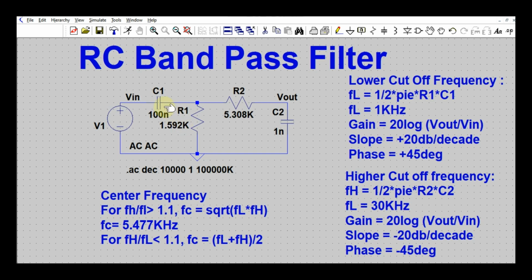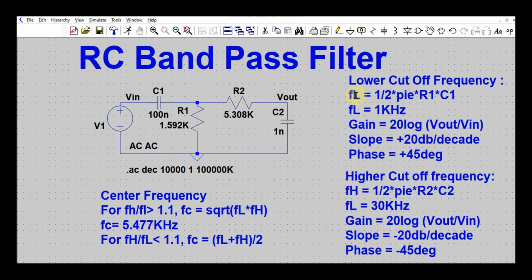Let us first talk about the high pass filter. The lower cutoff frequency of the band pass filter is given by fl equals 1 by 2 pi R1 C1.